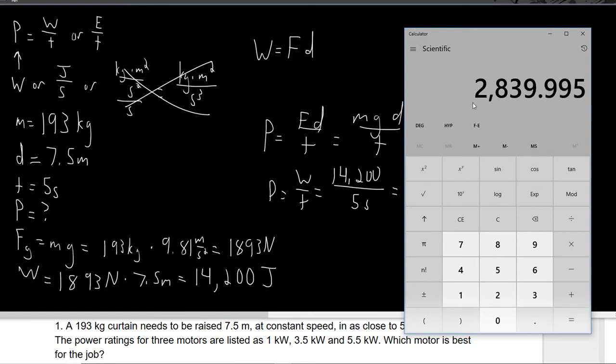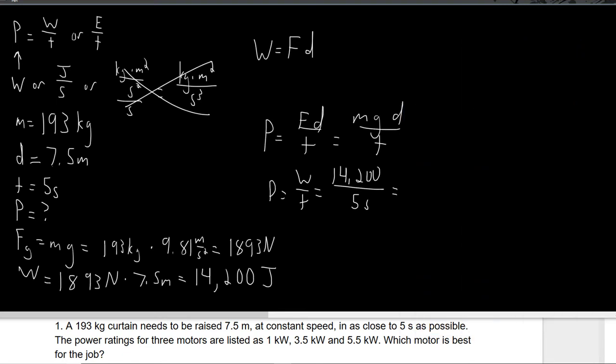So I need 2,840 watts. 2,840 watts, or if I'm converting this into kilowatts, we just move the decimal 1, 2, 3, or 2.8 kilowatts. All right, so this thing's going to take 2.8 kilowatts of power in order to lift up. So out of my choices of 1, 3.5, 5.5, I don't want to pay for more motor than I need. So that 3.5 kilowatt is enough to get this job done in that 5-second amount of time.